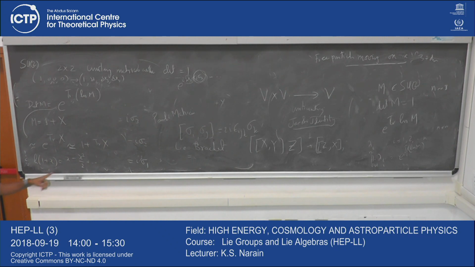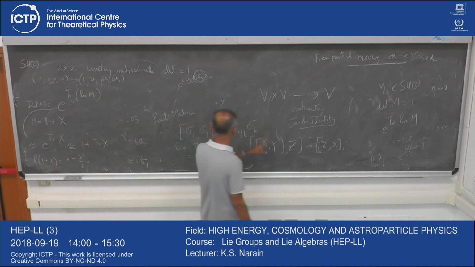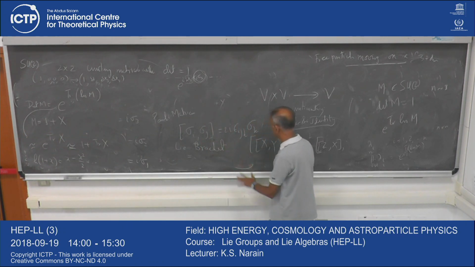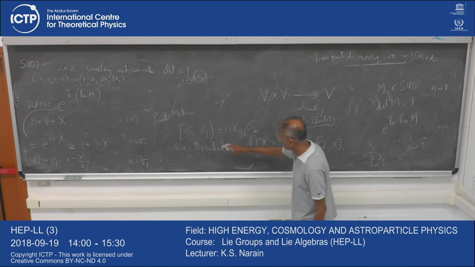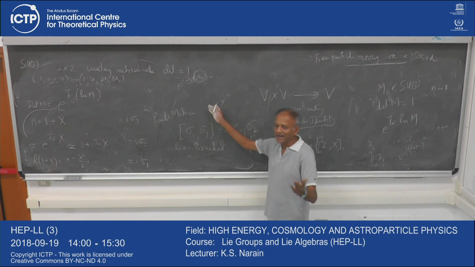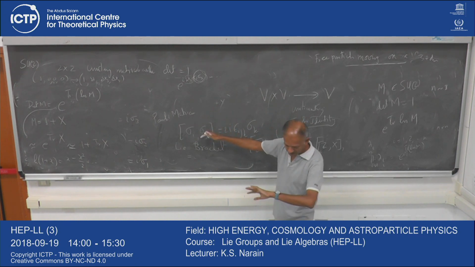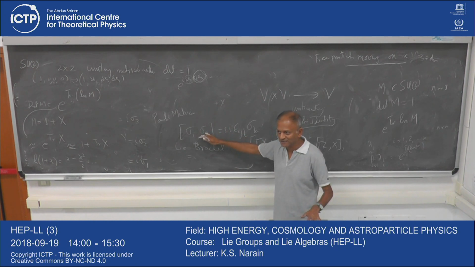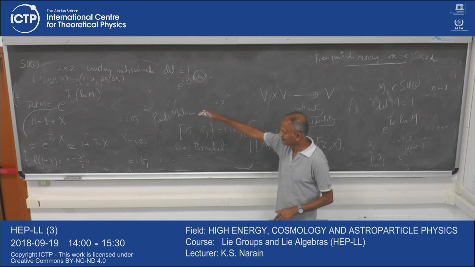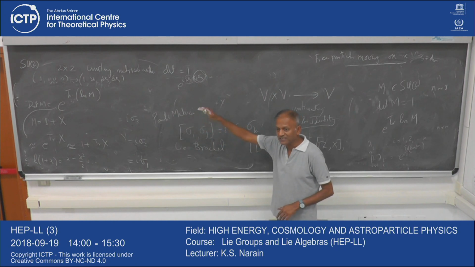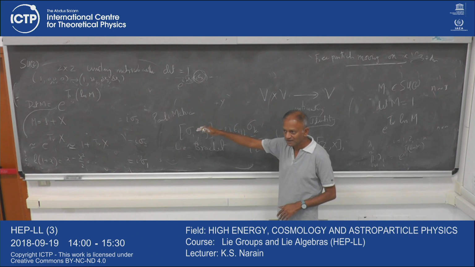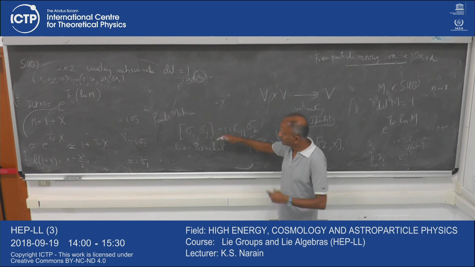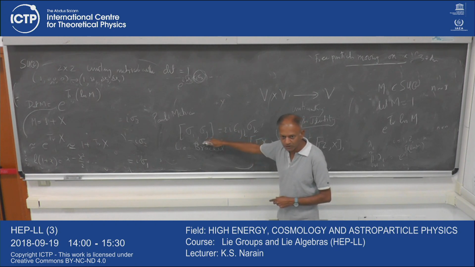Now this algebra will play a very important role. I mean this Lie algebra. It's not just any arbitrary vector space. It's a vector space which carries this bracket structure. In general, the vector space will not carry such a structure. But what we are seeing is that the space of generators that come from continuous groups already have this property. Next time I'll go through this in more detail.